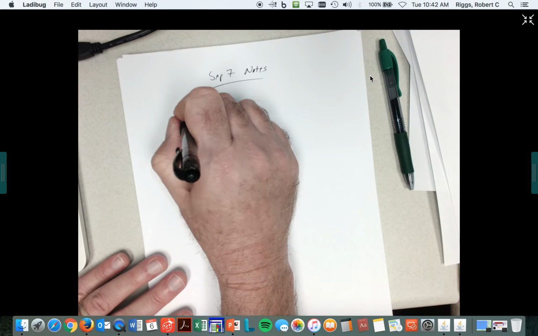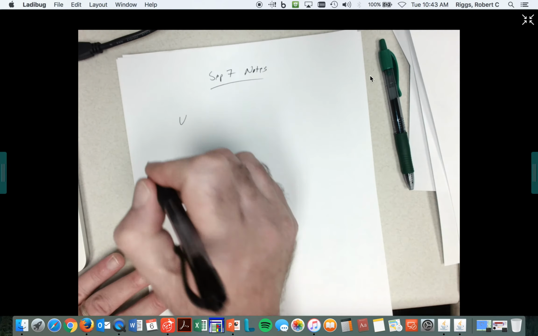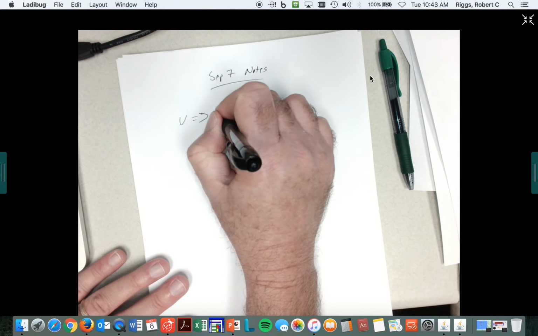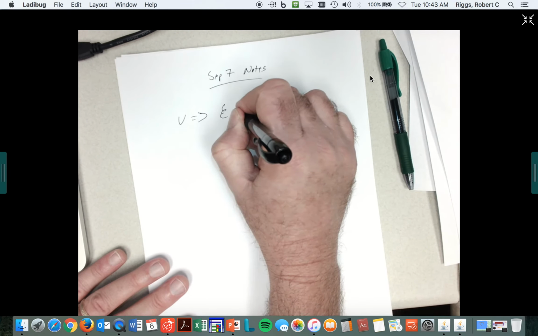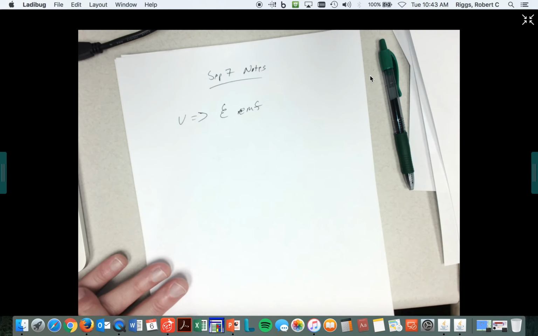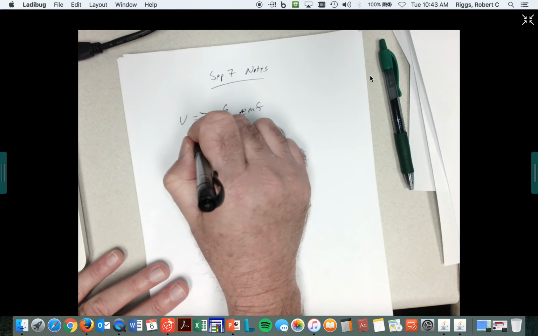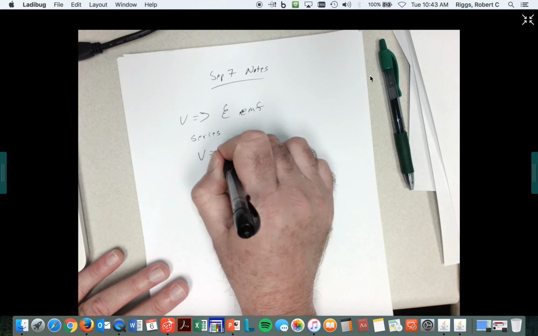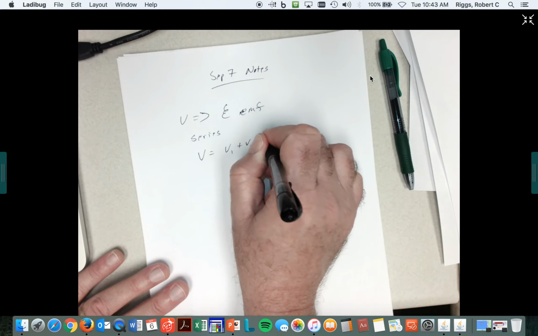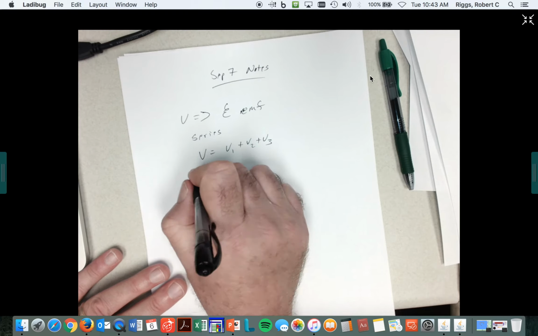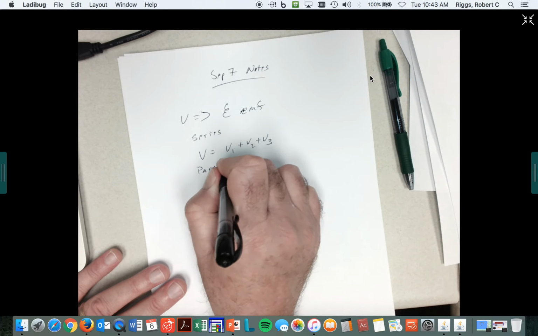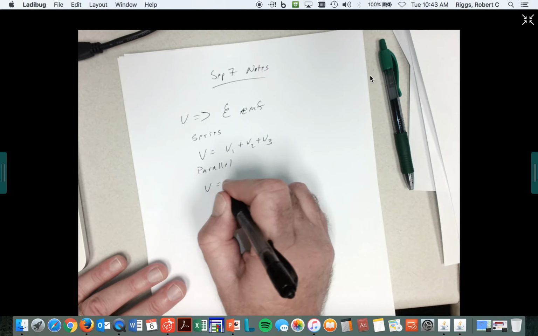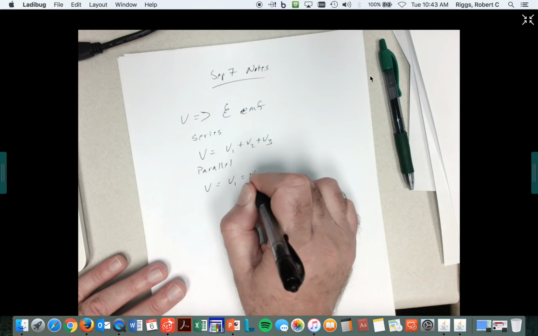V is the voltage, and in a battery we call it the EMF, the electromotive force. If batteries are hooked up in series, then the total voltage is equal to V1 plus V2 plus V3. If in parallel, the total voltage is equal to V1 equals V2 equals V3.